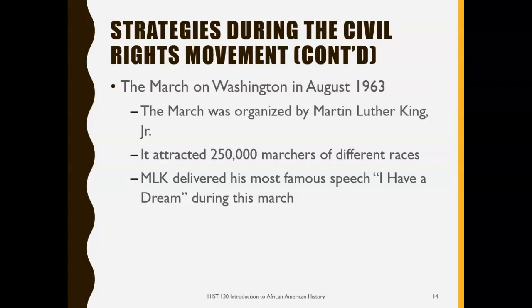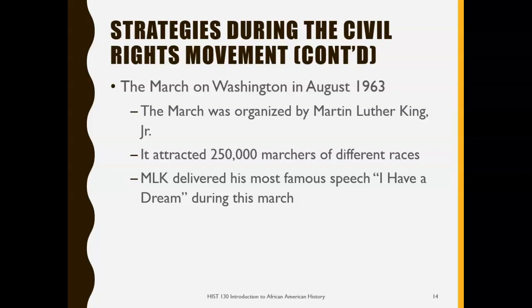But the main strategy against segregation, discrimination, and disfranchisement were the marches. And you have many of these marches, but the most famous among them was the March on Washington in August of 1963.